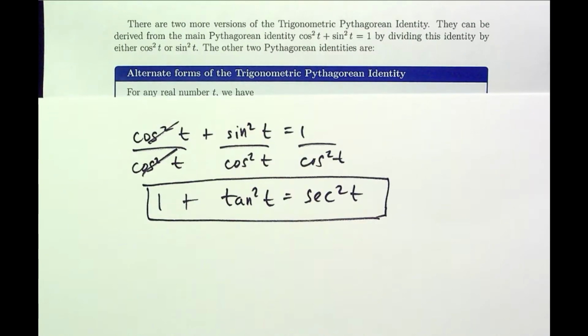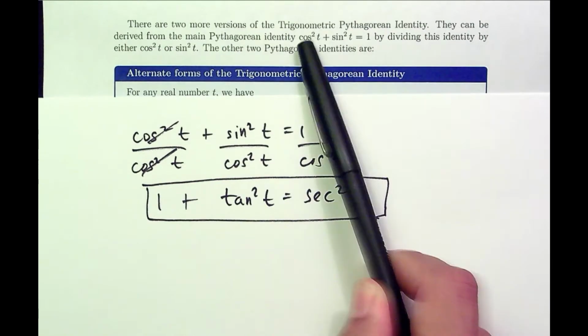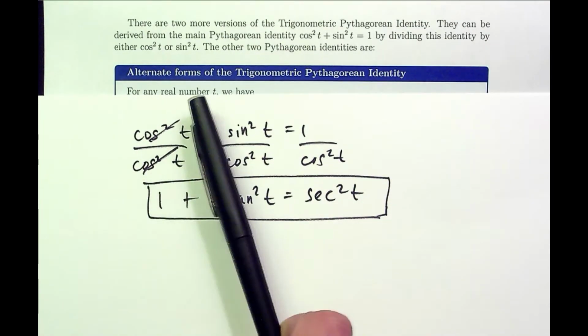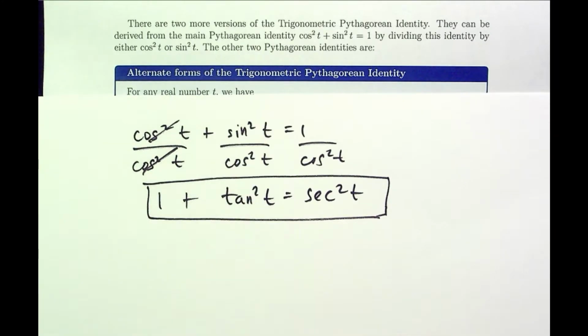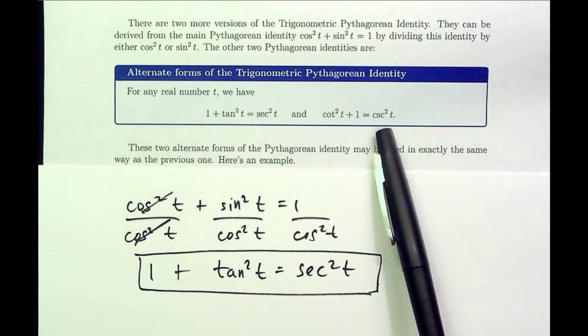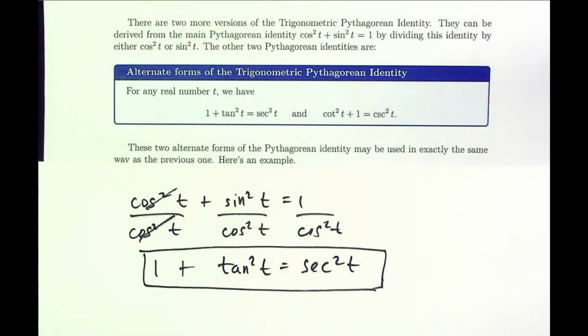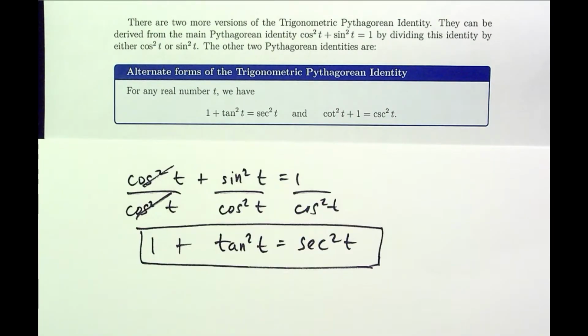If you start with cosine squared plus sine squared equals 1, and you divide it instead by sine squared, you would get yet another form of the Pythagorean identity, and this is the one you would get. So these two equations right here are two other versions of the Pythagorean identity.